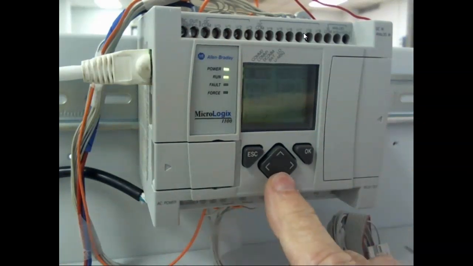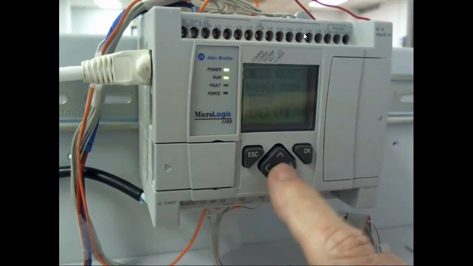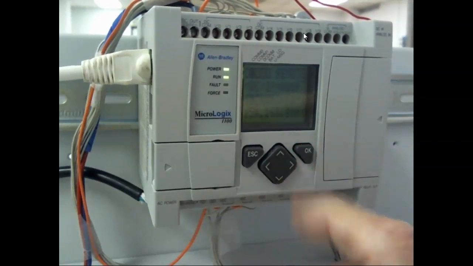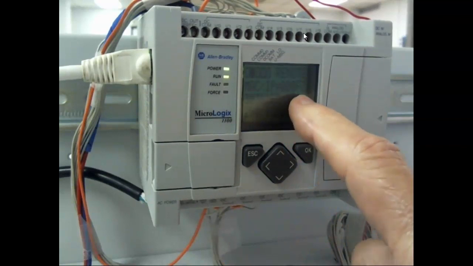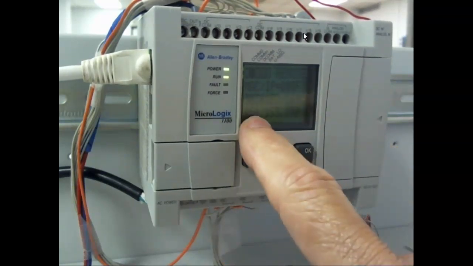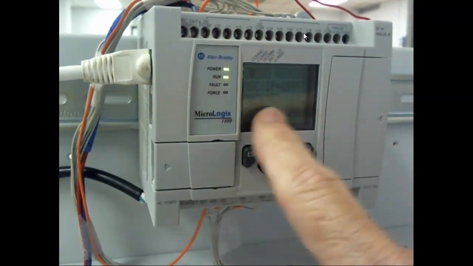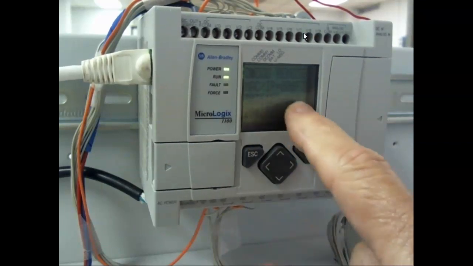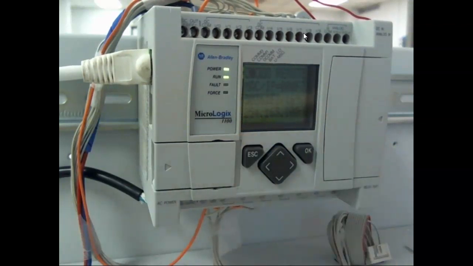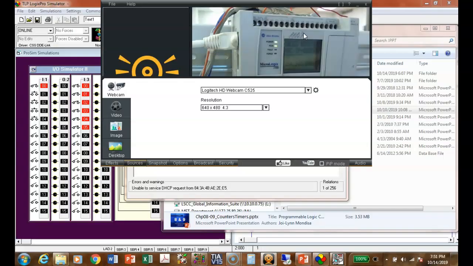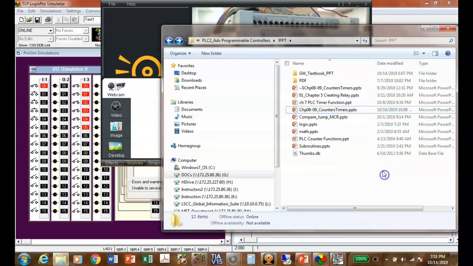I'm going to go to advanced, and down here to Ethernet, and this is the MAC address right here, 00F. And down here you can see it took that address. Before, this was blank. I know it's hard to see, guys. So we're okay now, and we should be able to communicate with the PLC.